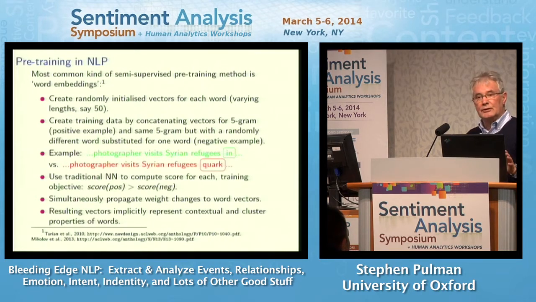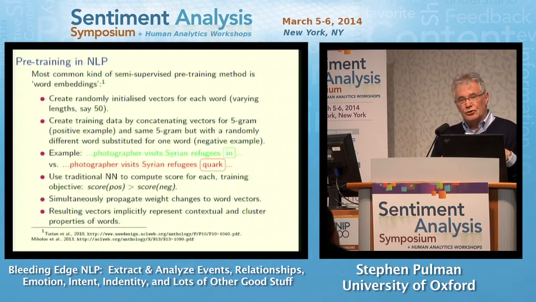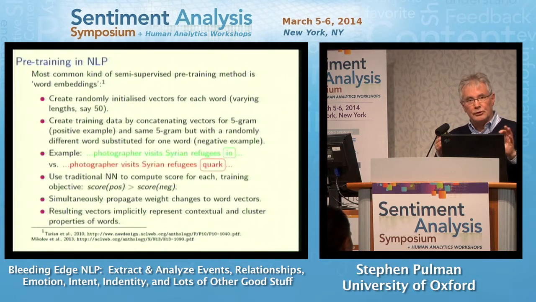And you can use standard neural network techniques for doing this. The trick is that you simultaneously regard the vectors for each of the words, you kludge them all together into a very big matrix and treat that as if it was a matrix of weights as in standard neural network things, and use the same back propagation algorithm to propagate changes into that matrix.